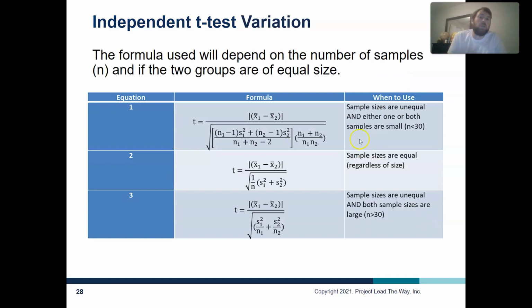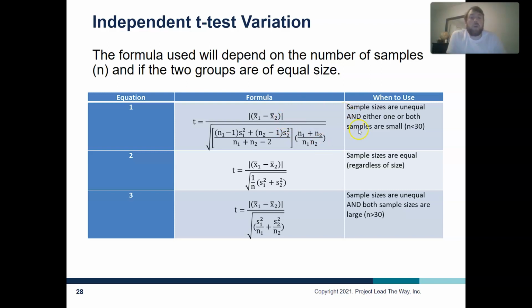Now, for the variation, the formula used will depend on the number of samples taken and if the two groups are equal in size. There are three different versions of this, and like I said, this is a lot of stuff altogether, so you might not even have to use any of this stuff, especially given that we're going to have such varied amounts of data sets.